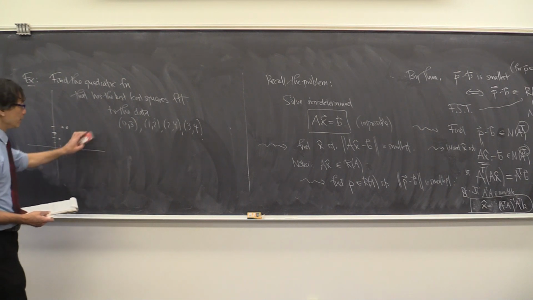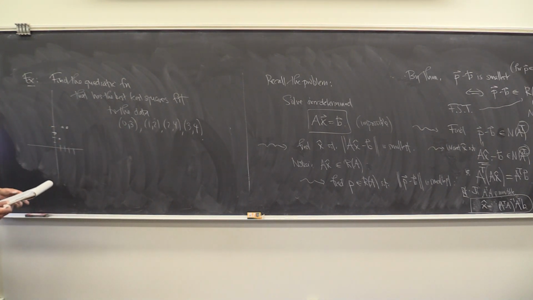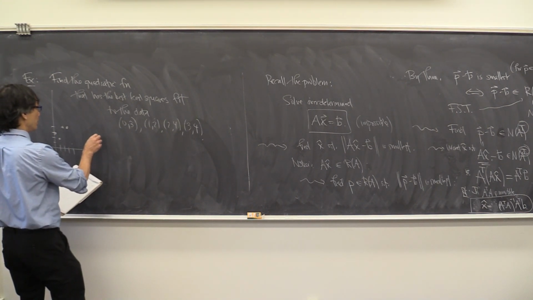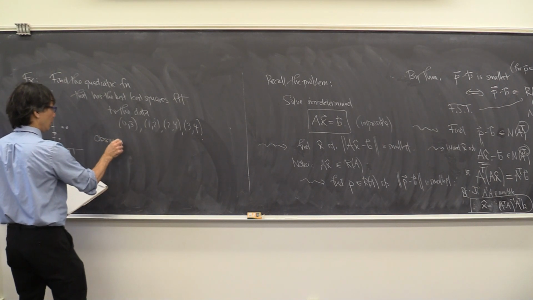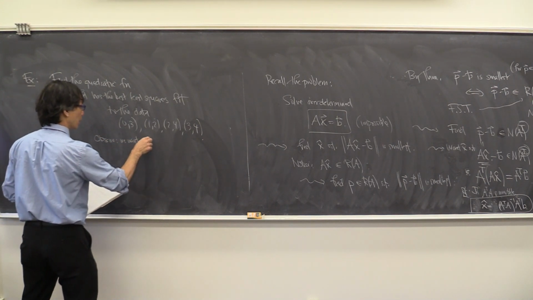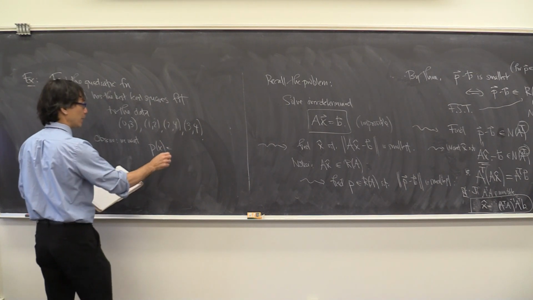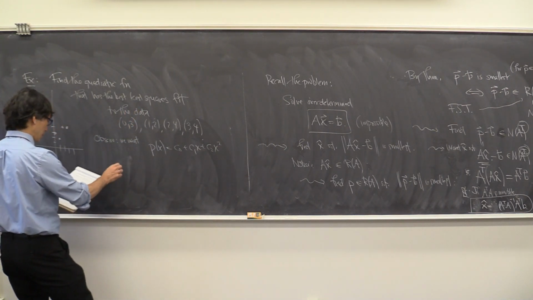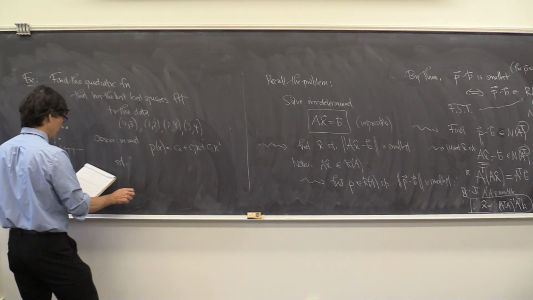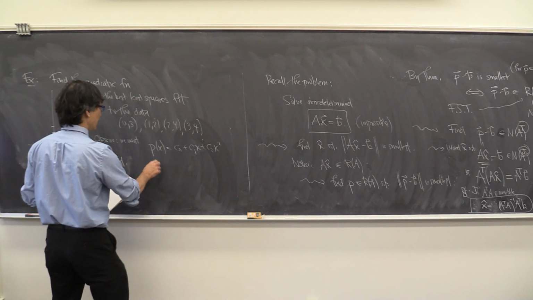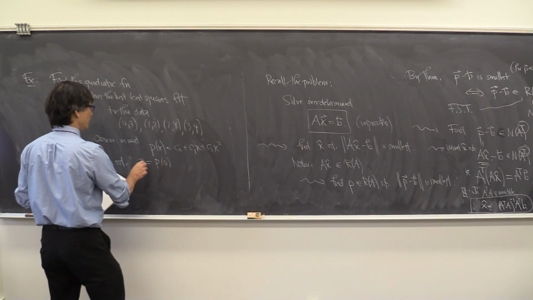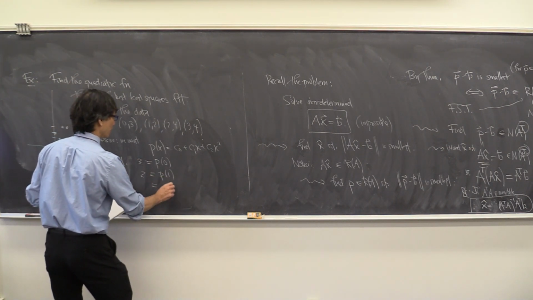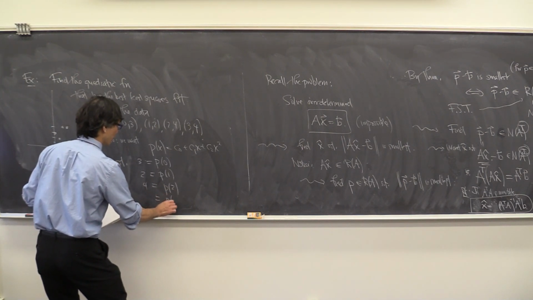But you can find the best quadratic in the least squares sense. So observe. We want a quadratic p of x equals c naught plus c1x plus c2x squared, such that p of 0 is 3, p of 1 is 2, p of 2 is 4, and p of 3 is 4.